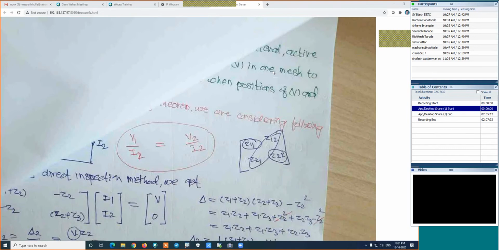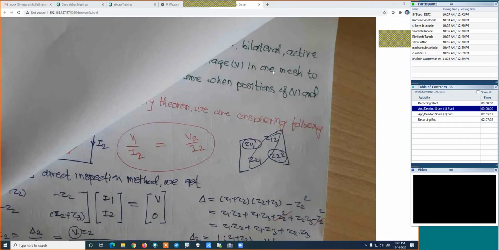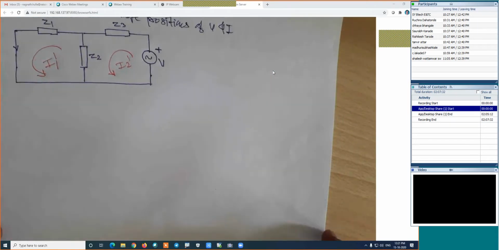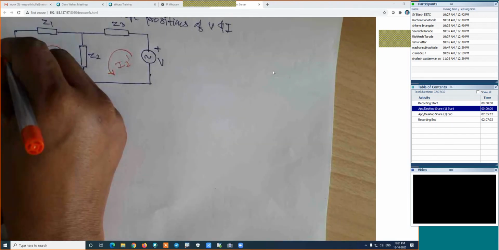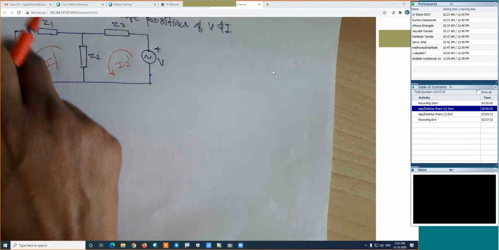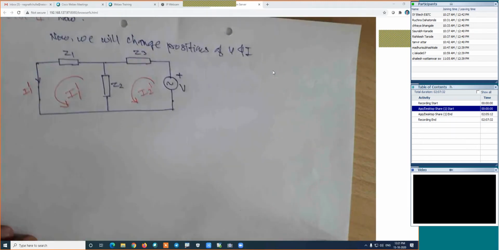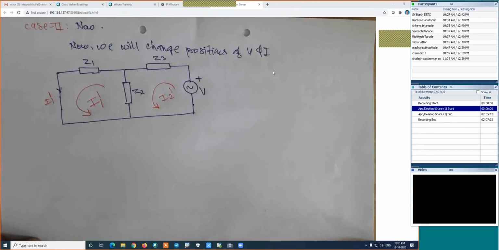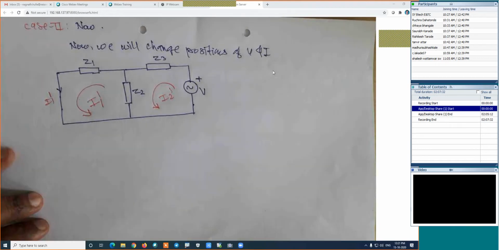What do we want to show here? We want to show that equation 1 is the very same as equation number 2. That I am trying to show. Here we are interested in this current I1 dash, the current in this path, this position. Is it right? Now I will write here: by the direct inspection method we get.